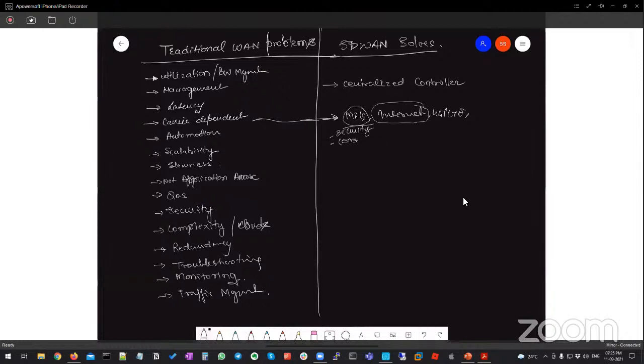So basically, I can write reliability. Means if you take a particular SLA with your provider, then it's going to provide you the same type of reliability. And the most important factor is security.